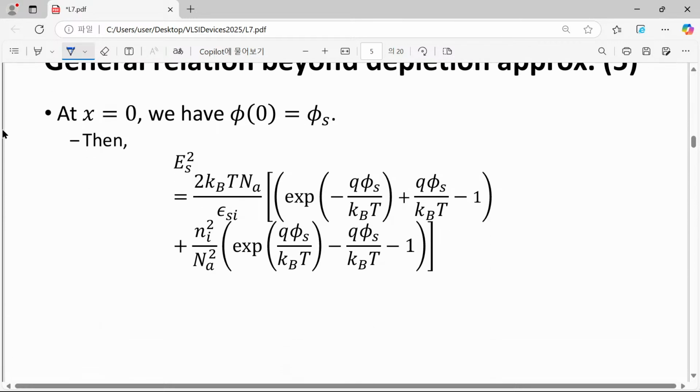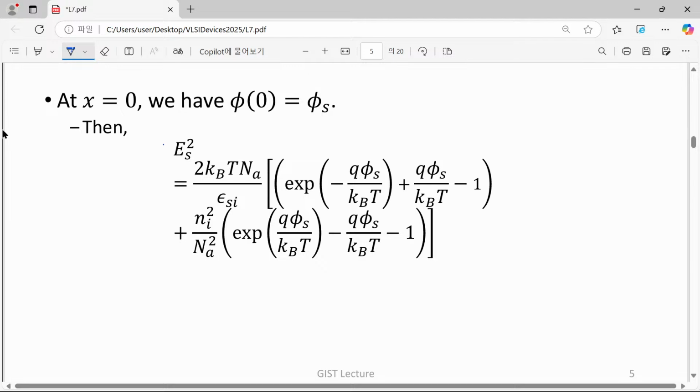By specifying a concrete lower limit and upper limit, eventually we can find this one. So the square of the surface electric field, not exactly surface electric field, but it is important. Just integrating the Poisson equation gave you the surface electric field, but that doesn't give you any further information.